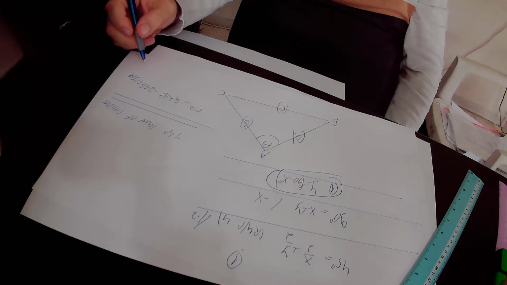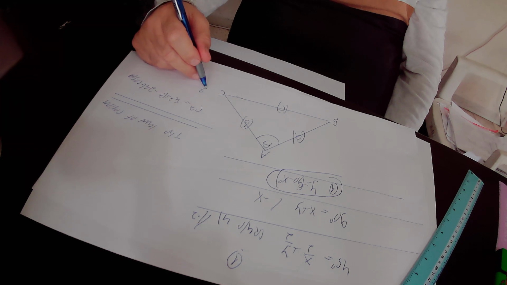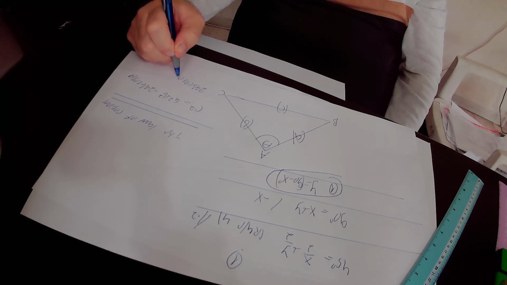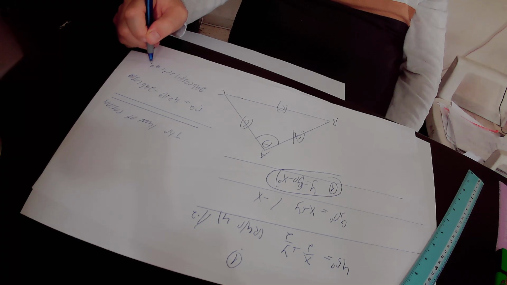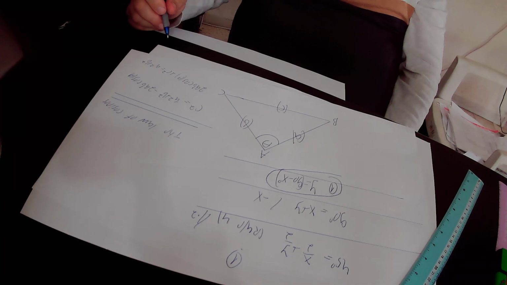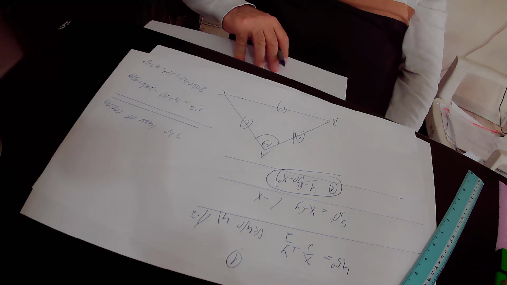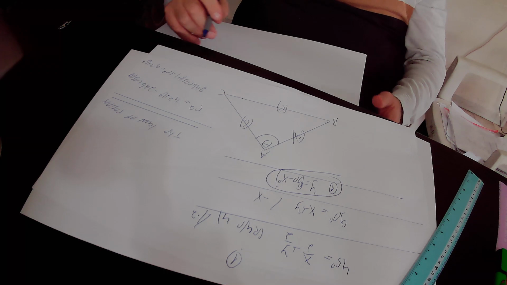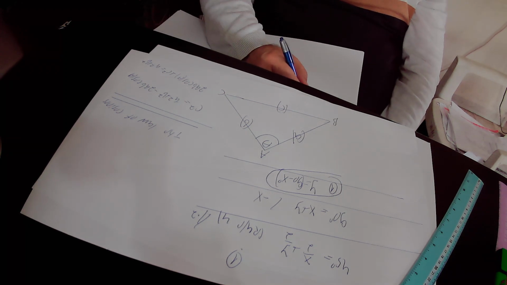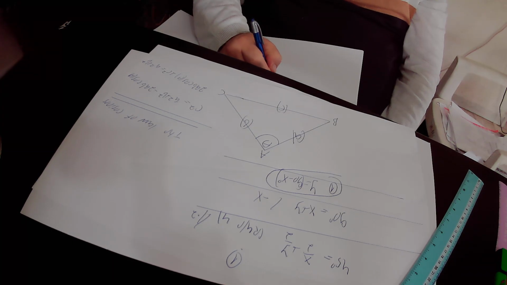Here we add 2 times AB cosine theta to this equation, and we get 2 times AB cosine theta plus C squared equals A squared plus B squared. Before dividing, we subtract C squared from this equation, and we get that 2 times AB cosine theta equals A squared plus B squared minus C squared.